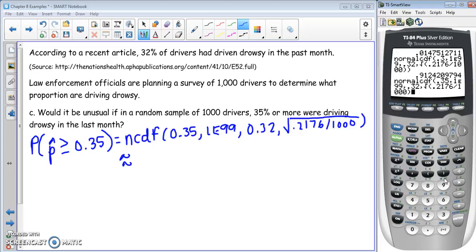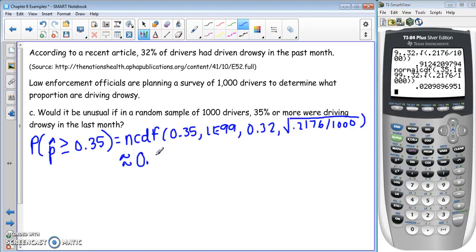Close the parenthesis to end the square root, close it again to end normal CDF, and we get about 0.0208. That would be unusual, since our probability there is less than 5%.